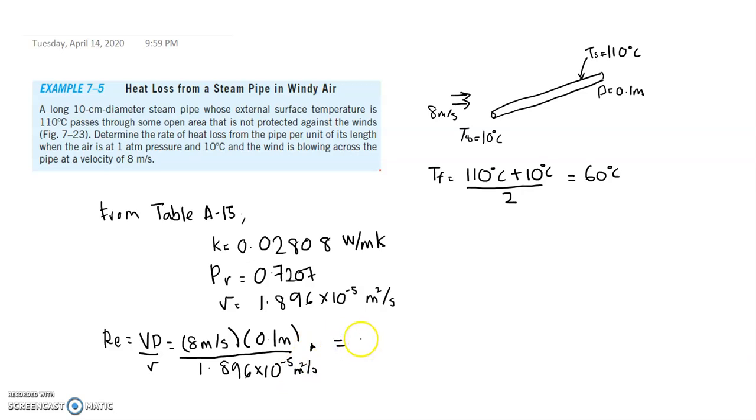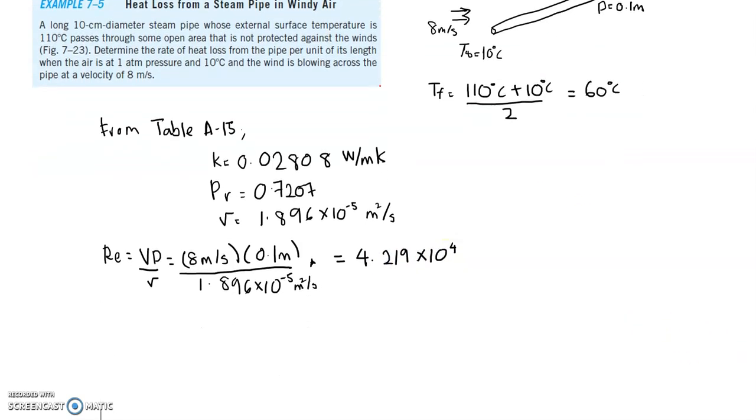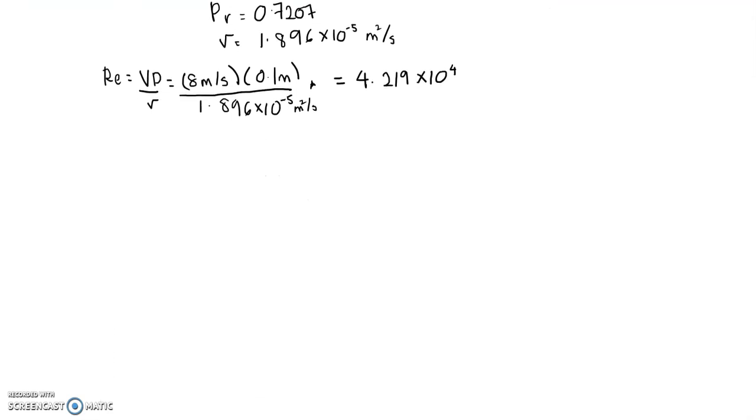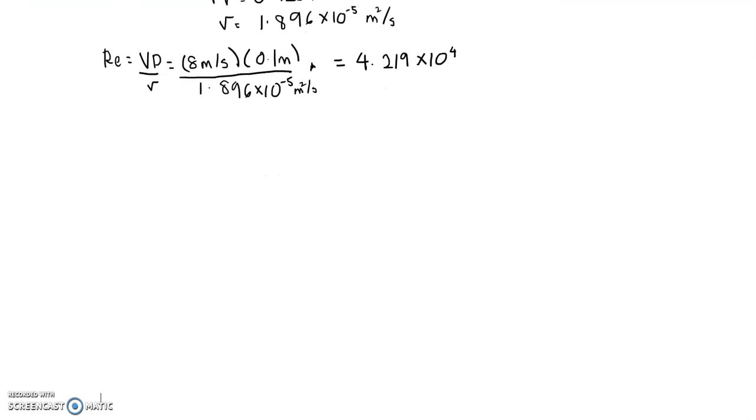So you will get a Reynolds number of 4.219 times 10 to the power of 4.